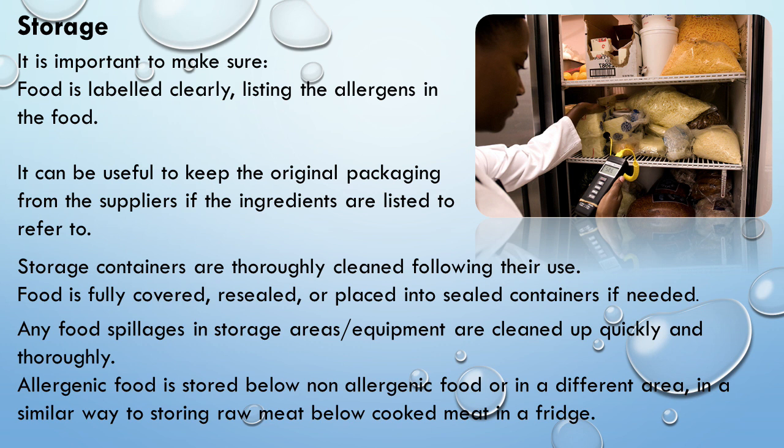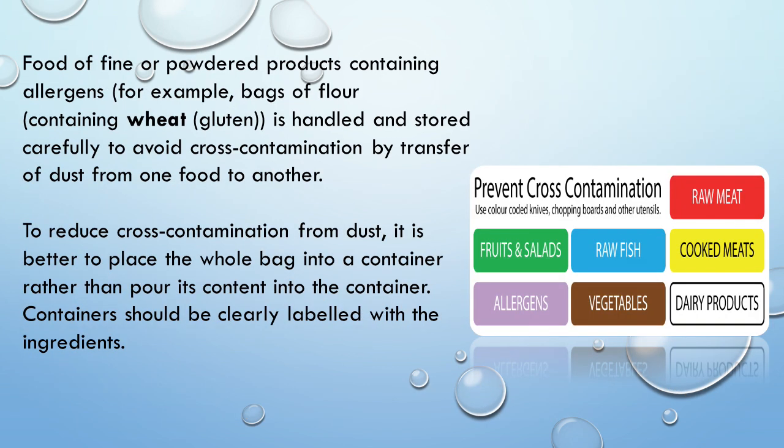Food is fully covered, resealed, or placed into sealed containers if needed. Any food spillages in storage areas or equipment are cleaned up quickly and thoroughly. Allergenic food is stored below non-allergenic food or in a different area, in a similar way to storing raw meat below cooked meat in a fridge.